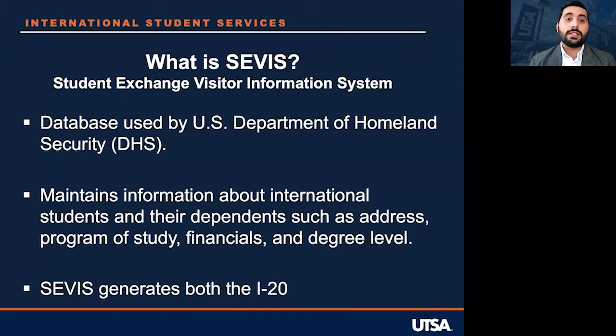Basically, this is a database used by the US Department of Homeland Security, or DHS. It maintains information about international students and their dependents, things such as addresses, program of study, financials, and degree level. SEVIS is the agency that creates the I-20. Moving on.